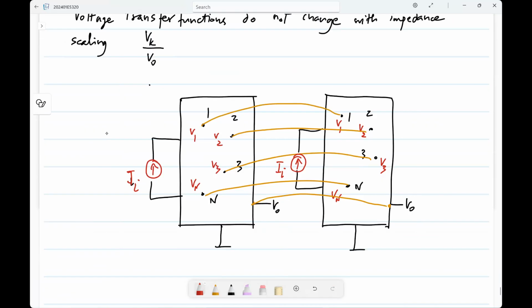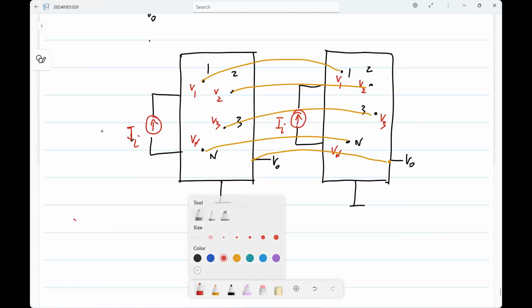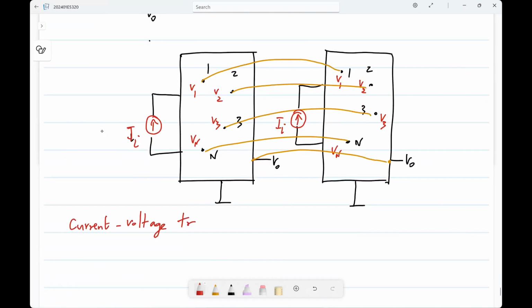It has become half because now the input current is 2 times II, whereas the voltages have not changed. Okay. Now, in general, if you impedance scale by some factor alpha, it will go as 1 by alpha.